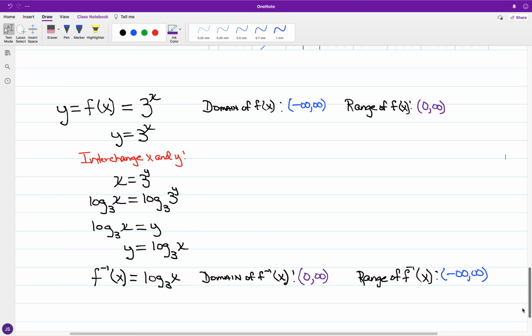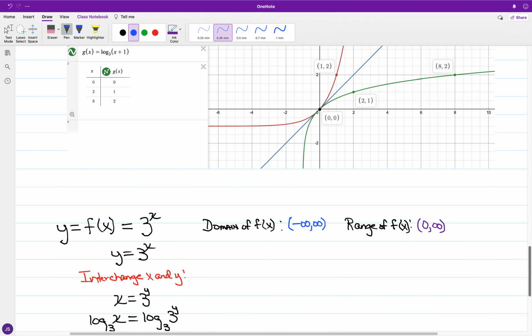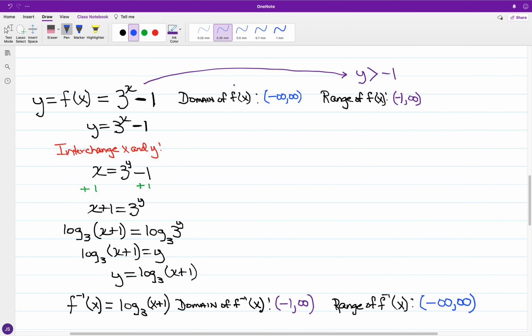Again, this is what we had before with y is equal to 3 to the x. Notice before, I had the subtraction of 1, and so for the range we had the values of y greater than negative 1.